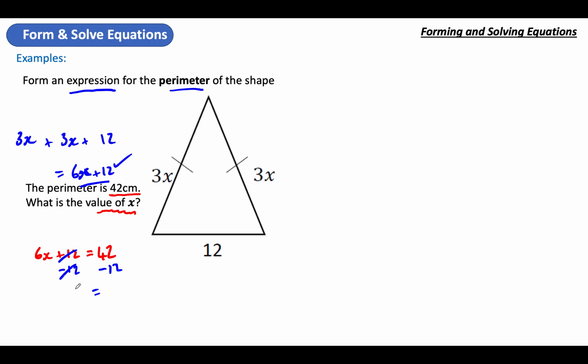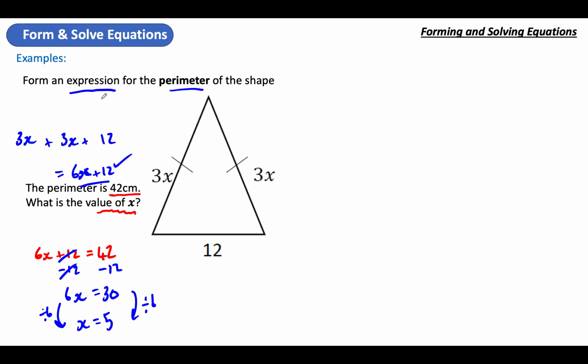And 12 take away 12 leaves nothing, so the 6x is left on its own, and 42 take away 12 is 30, okay? And then, of course, if I don't want 6x, I only want one of them, so as always, we divide by that number touching the letter. You split it into 6 equal pieces, and 30 divided by 6 is 5, right?